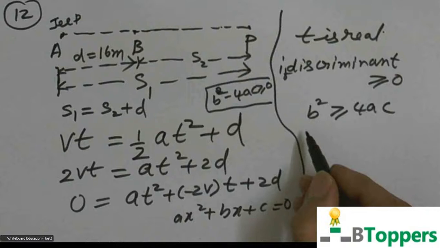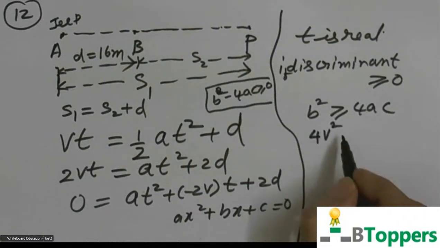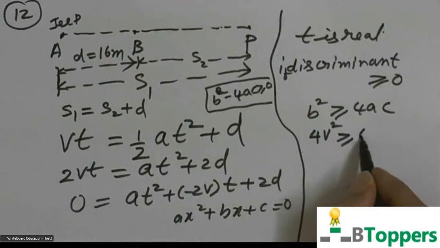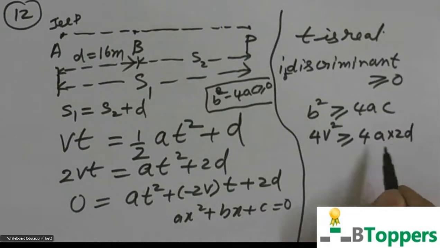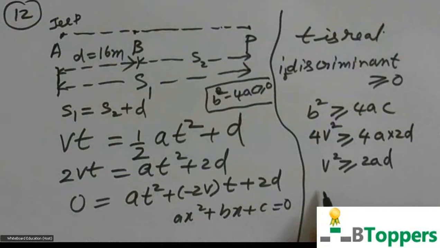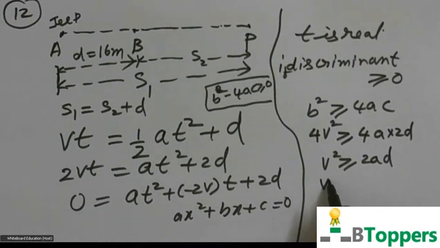Here in place of b you have minus 2V, so b square will be 4V square, that is greater than or equal to, in place of constant c you have 2D. So V square should be greater than or equal to 2AD. So the dacoit will be caught by the police if V is greater than or equal to root of 2AD.